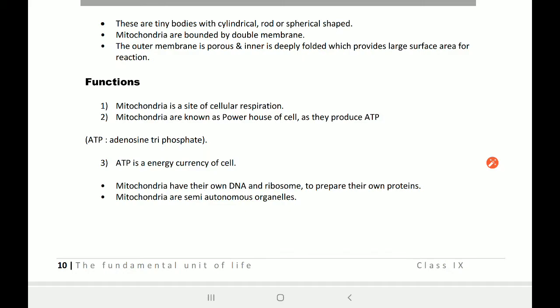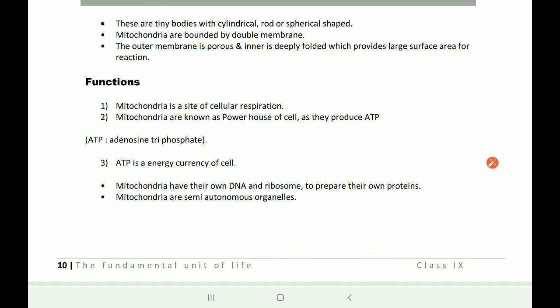Normally we consider taking in oxygen and sending carbon dioxide out as respiration, but it is not just that. Respiration is taking oxygen by the cell and using it to generate energy. So mitochondria is the site for energy generation, or cellular respiration.